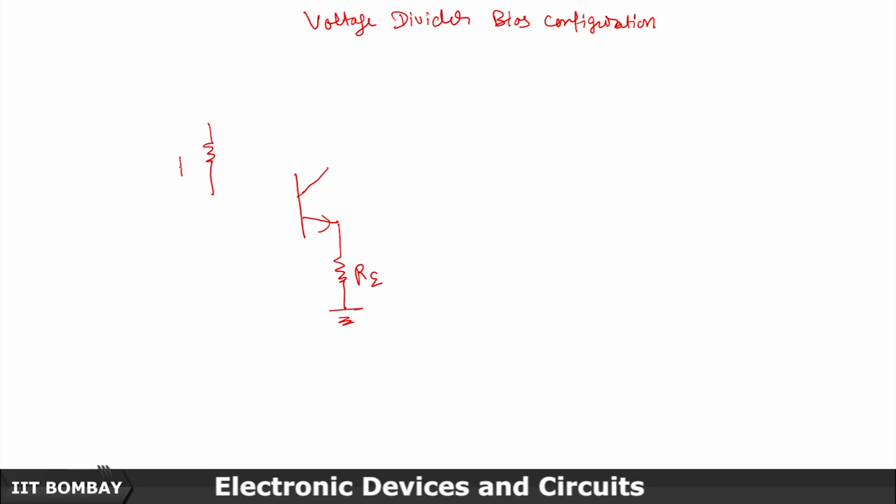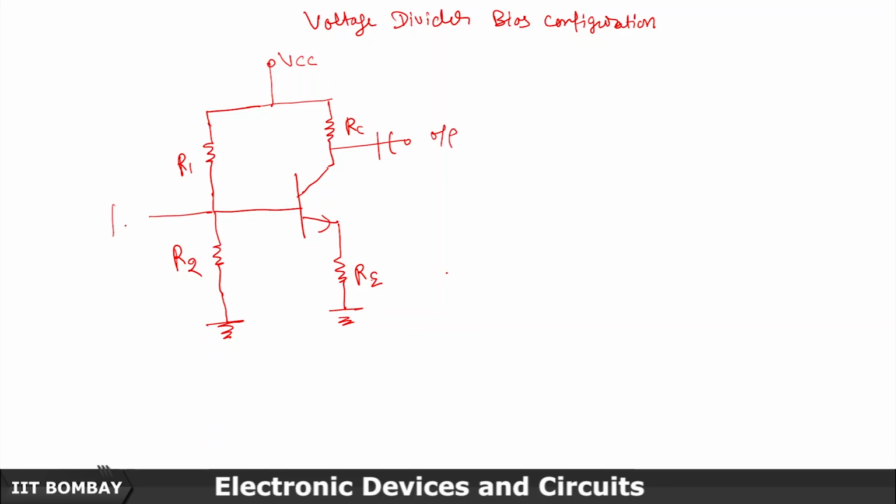This is one resistance R1, this is my R2 which is grounded, and this is connected to the collector resistance RC, which is connected to VCC. If you want, this can be your output through a capacitor, and there could be some input through the resistance of the source, and this is your AC source. This is where you apply the input.